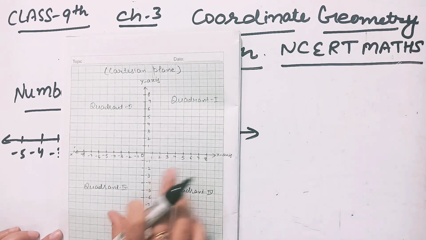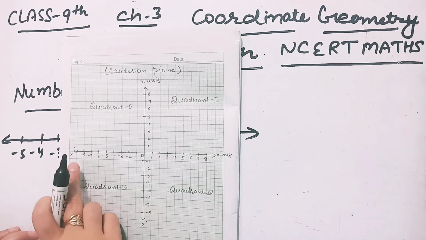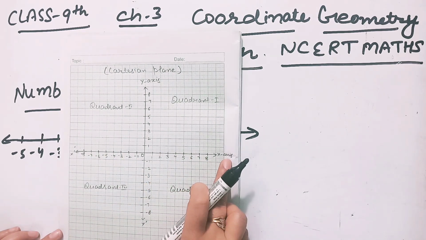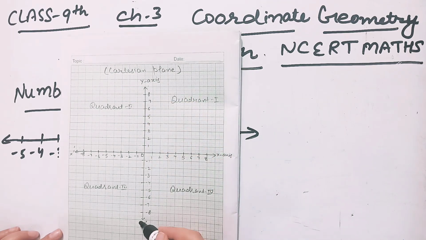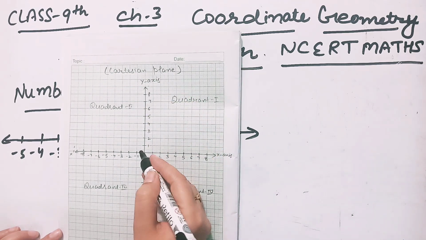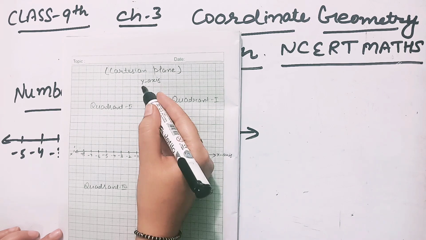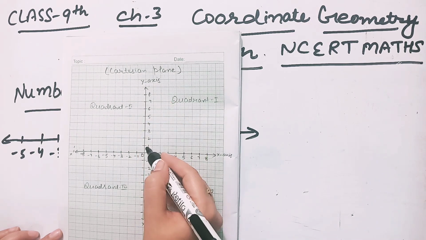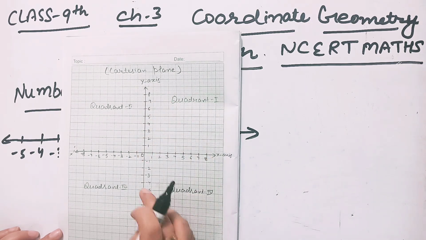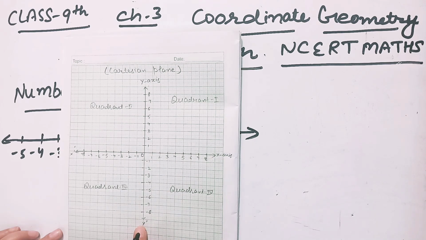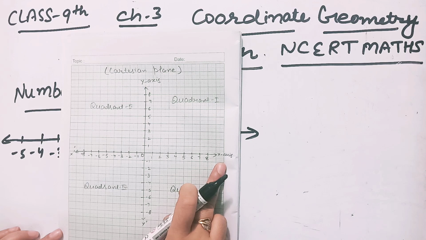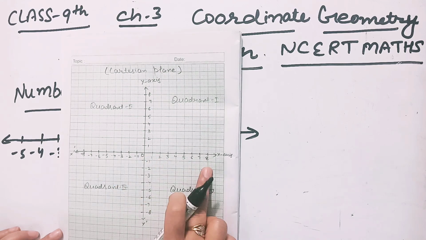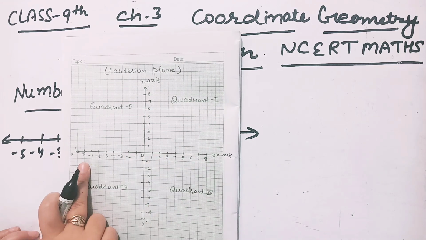Now the horizontal line is the x-axis and the vertical line is the y-axis. Upward from the origin on the y-axis are positive y points, and on the downside are negative points of y. On the x-axis, the right-hand side has positive points and the left-hand side of the origin has negative points.